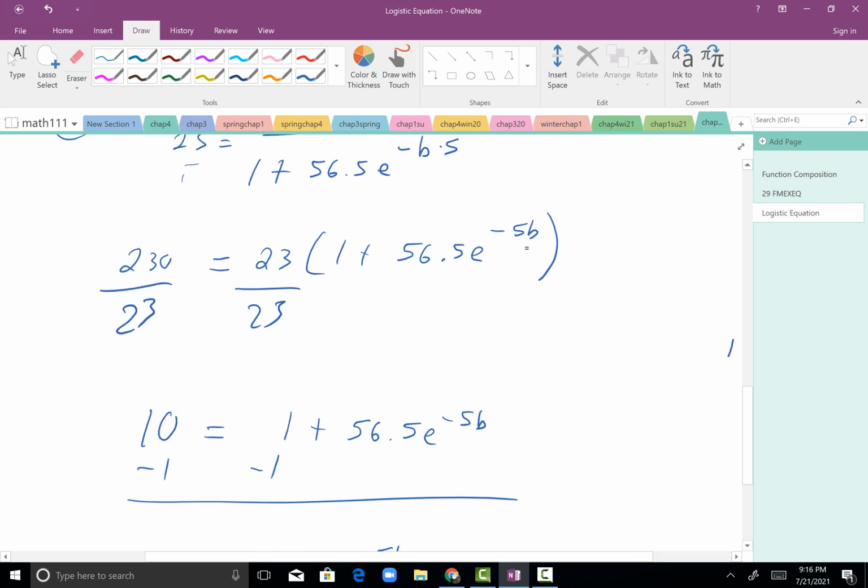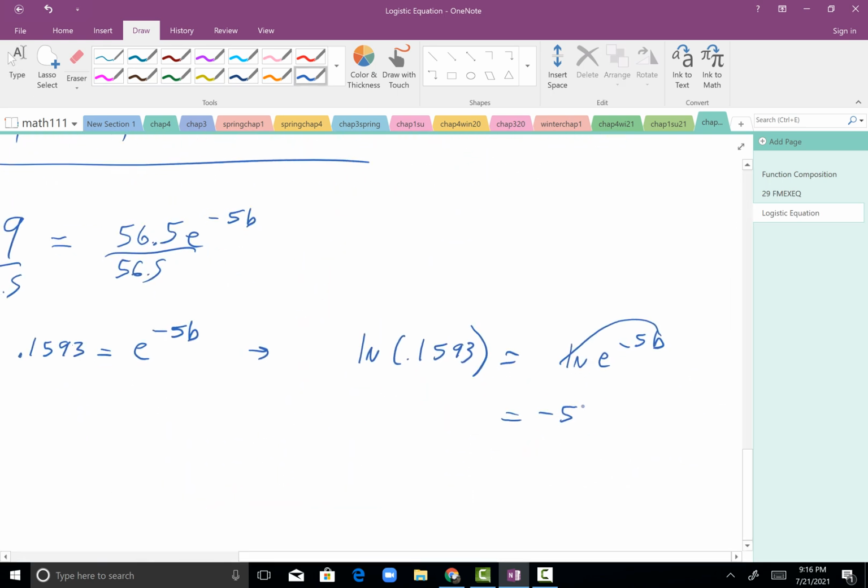And I need a log of that stuff. I think I'm going to bring it out just a little bit. Divide that by 5, negative. And I should be in good shape here.